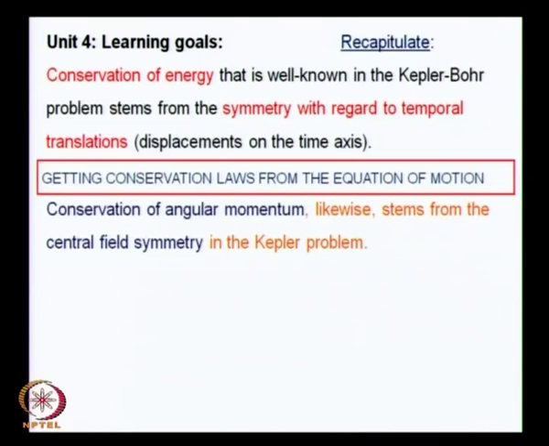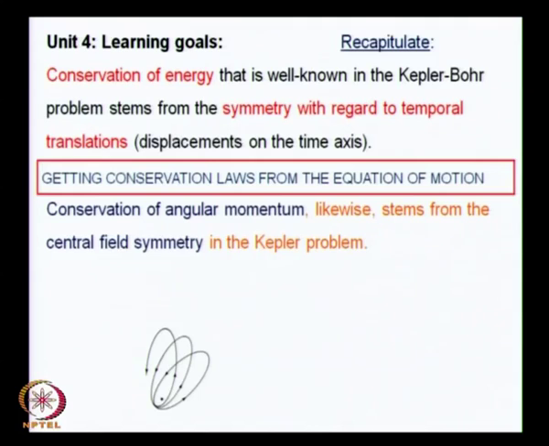So, just as conservation of energy comes from the symmetry with respect to temporal evolution over a passage of time, the conservation of angular momentum is connected with the central symmetry, and we will also get this from the equation of motion. And then we will ask that in the Kepler problem you have these elliptic orbits that you see, and sure enough this solution is quite correct, but why does the ellipse not precess?